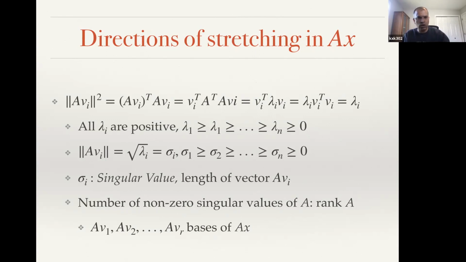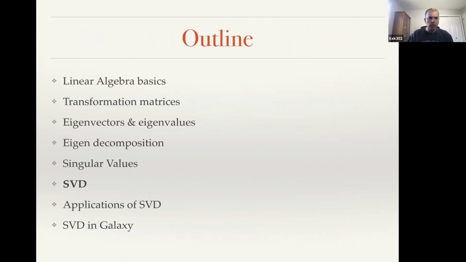That tells us that all the lambdas are non-negative, because it's a squared value, so it could be 0 or greater than 0. Second, if we take the square root of that, the square root of lambda i is called sigma i, or the singular values. So we know what singular values are.